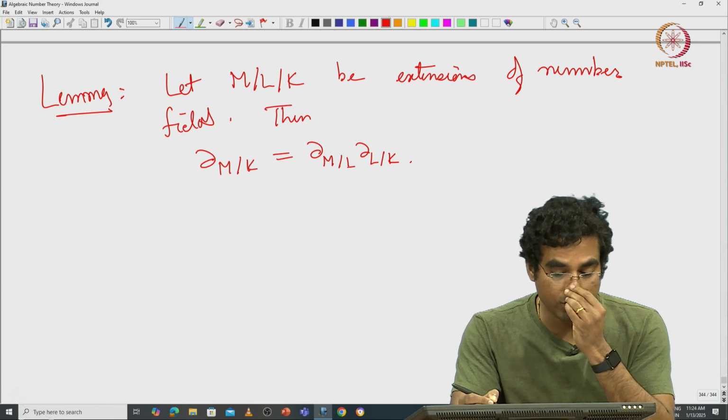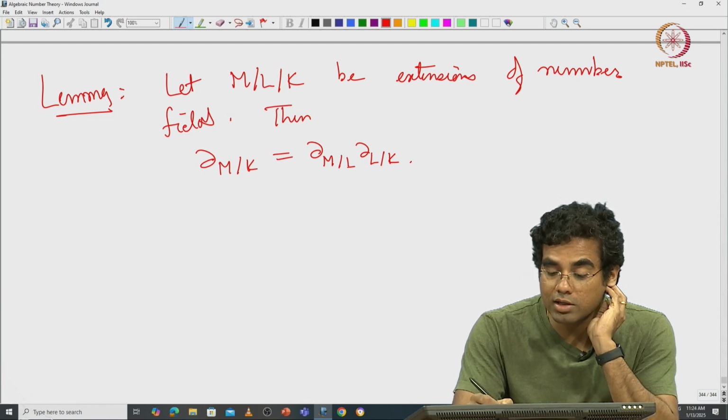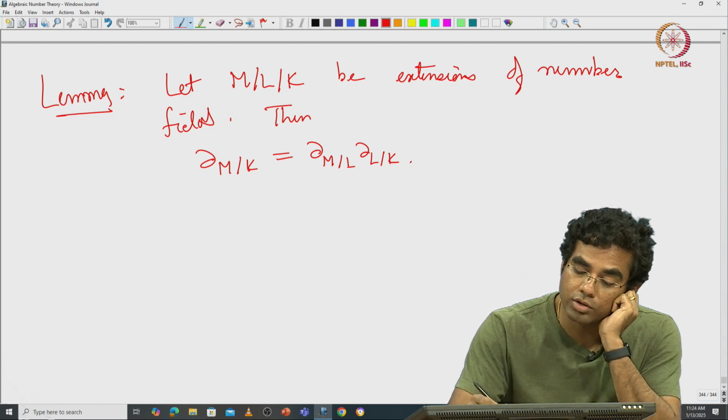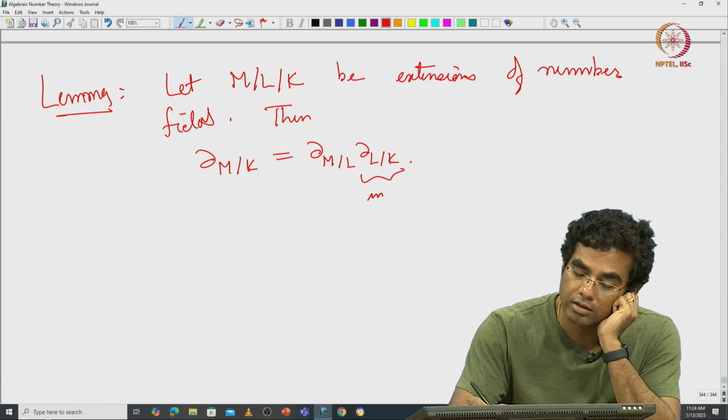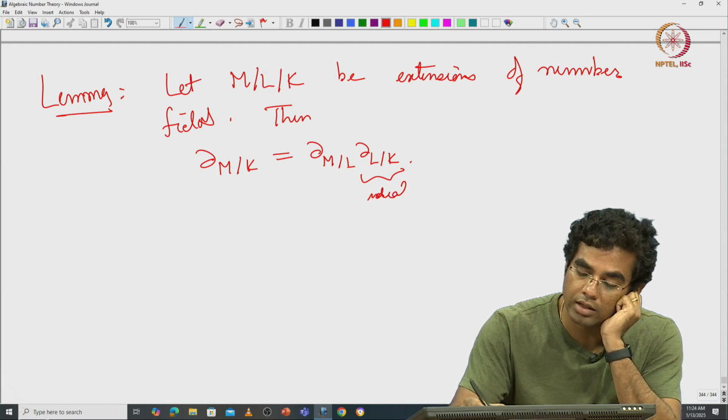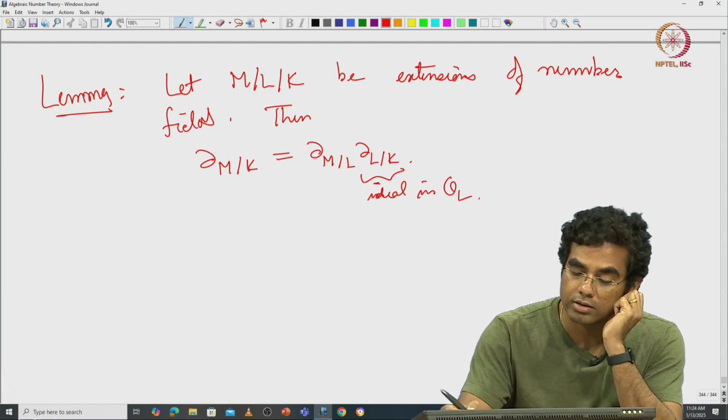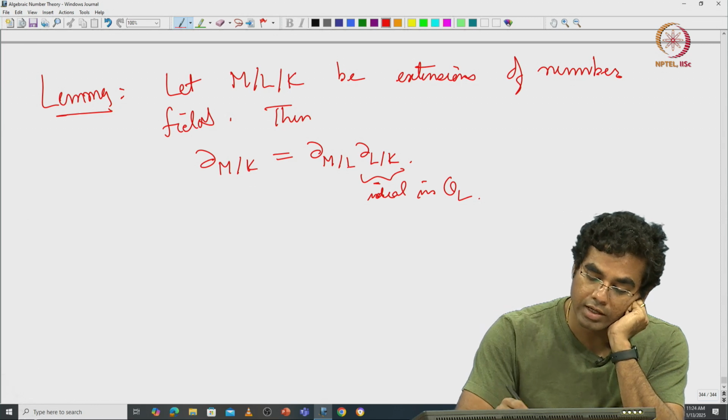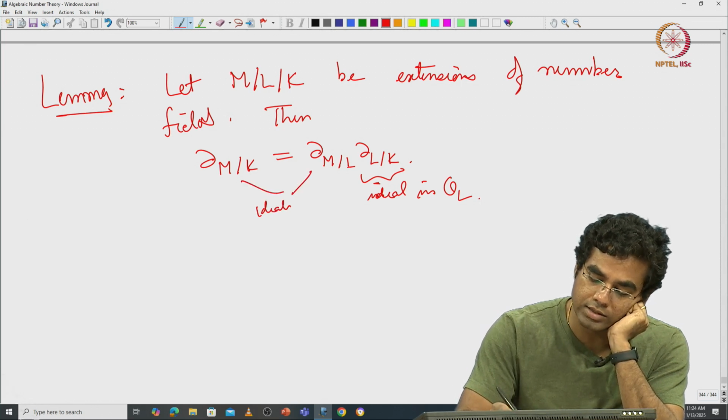Now, again I want to point out the subtlety in this. This thing is an ideal in OL, in the smaller field, whereas these two are ideals in OM.